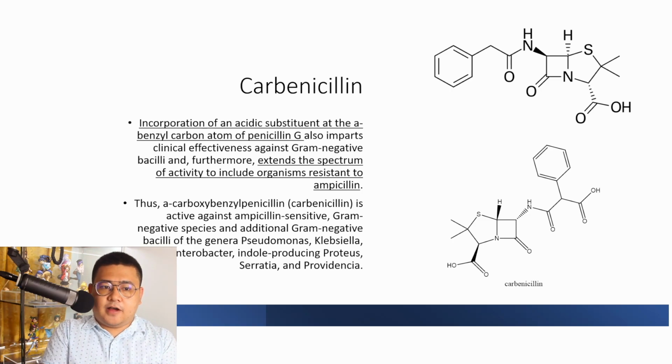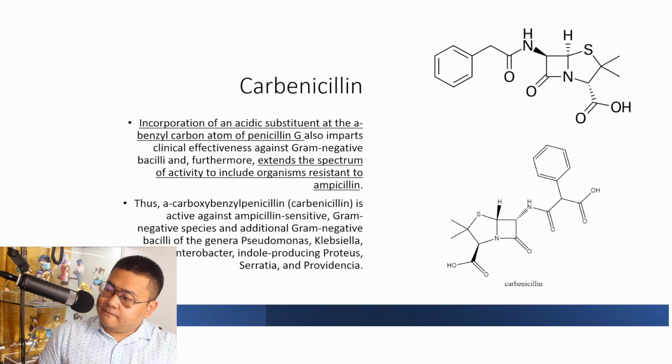Another example of our extended spectrum penicillins is carbenicillin. So here, there is an incorporation of an acidic substituent at the alpha benzyl carbon of penicillin G, which also imparts clinical effectiveness against gram-negative bacilli. Therefore, it extends the spectrum of activity to include organisms that are resistant to ampicillin.